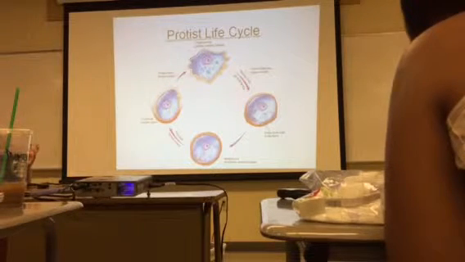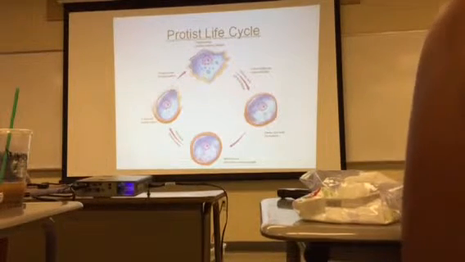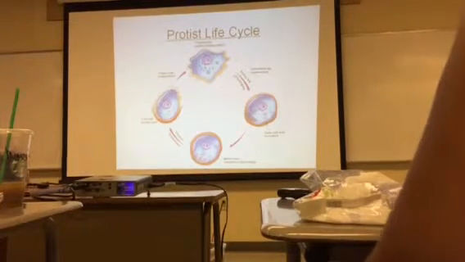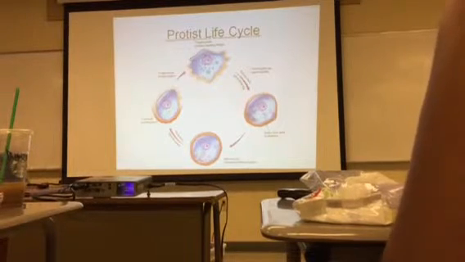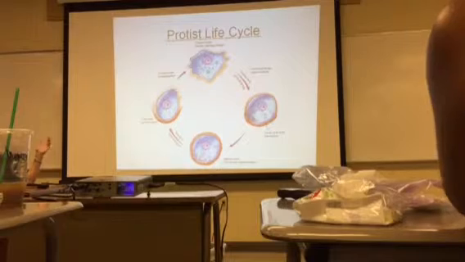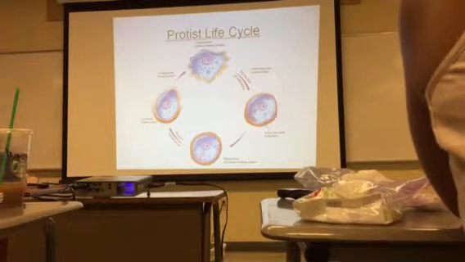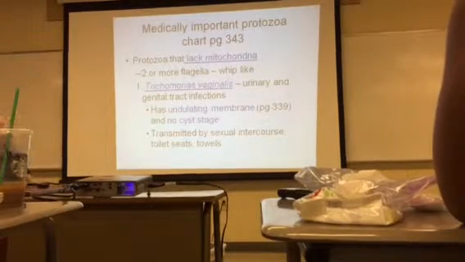That's the one that's moving around and eating, and when things get bad and it doesn't have the food it needs, that cell's going to round up, it's not going to be moving anymore, and it's going to start to form a cyst wall around it. It becomes a mature cyst. When things get good, then that cyst wall's going to break apart, and it's going to liberate a trophozoite to go back out and start eating.